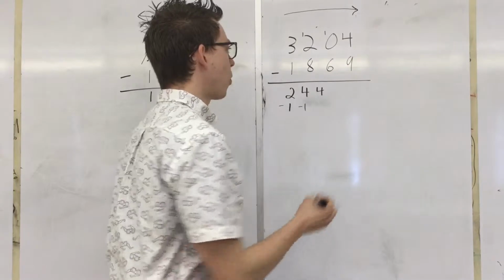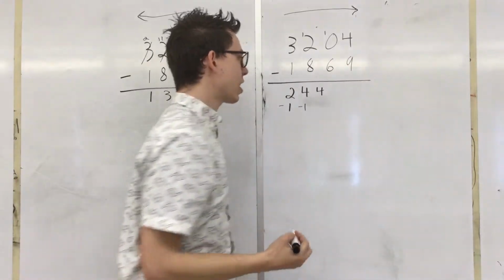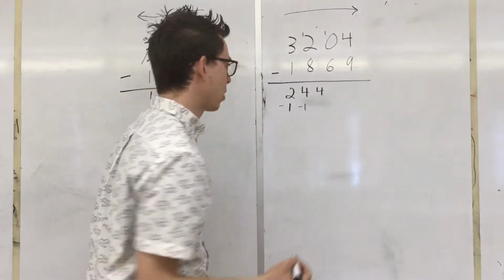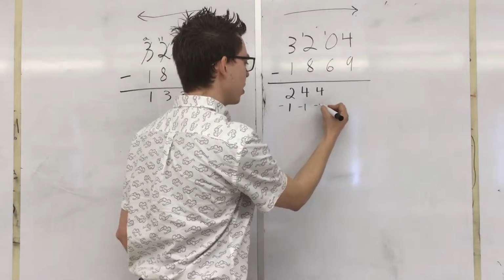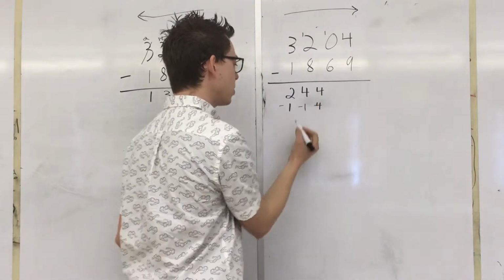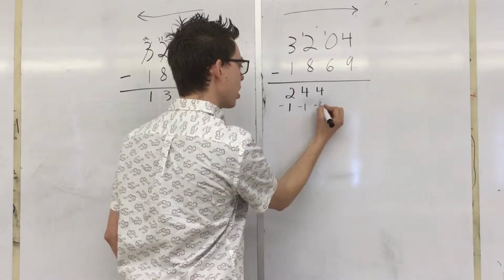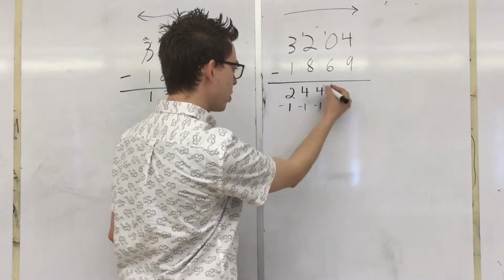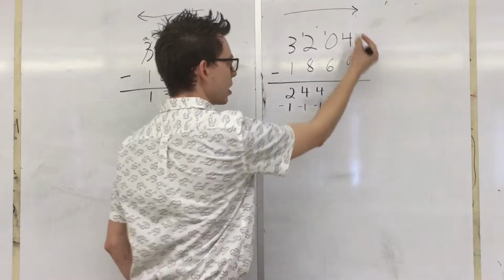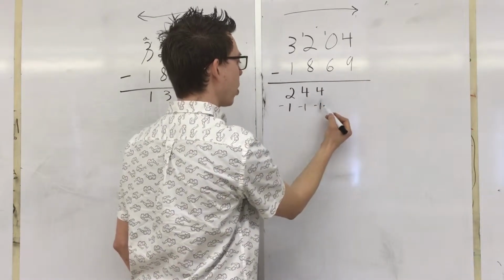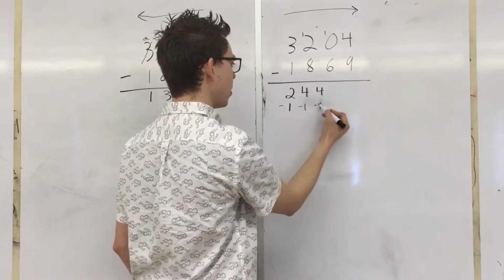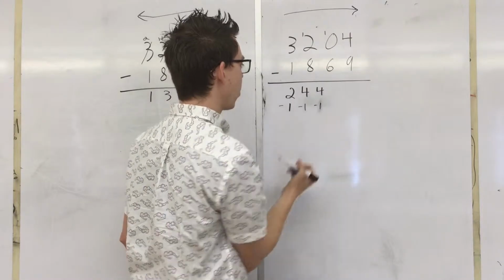Last one, 4 subtract 9. I can't do that, gotta borrow. Subtract from the answer again. I keep doing this because I'm subtracting from the place value, right? So this one, I'm borrowing from the place value of the 10s, which is the 4.